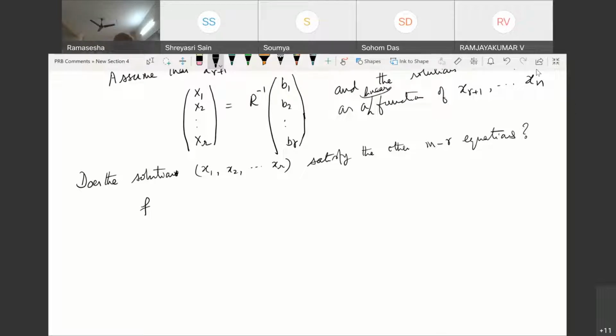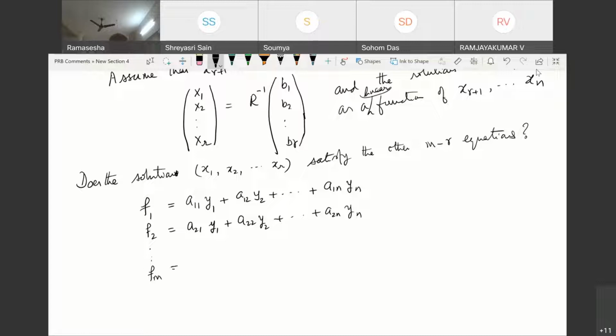I'll define the variable f1 equal to a11 y1 plus and so on, where y1, y2, yn are quantities to which I am going to assign values. f2 is equal to a21 y1 plus a22 y2 plus a2n yn, and so on up to fm, which is equal to am1 y1 and so on.